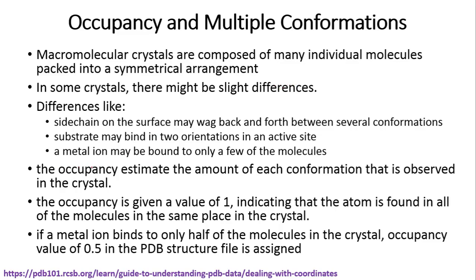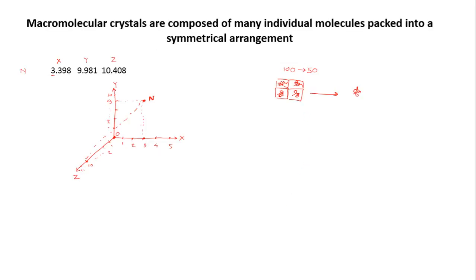So the term occupancy is an estimate of the amount of each conformation that is observed in the crystal. If the occupancy is given a value of 1, that indicates the atom is found in the same place in all of the molecules in the crystal. So if the same set of atoms is present at the same location in all of the protein molecules in your crystal, the occupancy is given the value of 1.